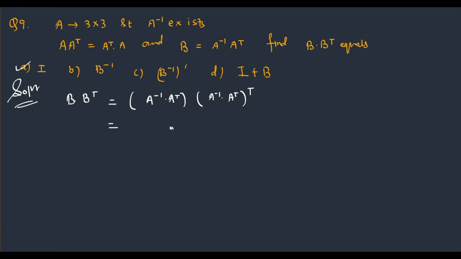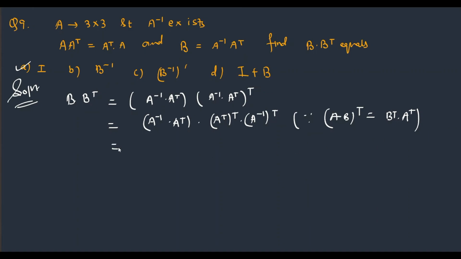Now here we can write A inverse A transpose, then its transpose, which will be A transpose transpose, and A inverse transpose, because we know that AB whole transpose is equal to B transpose multiplied with A transpose. Now matrix multiplication is associative, so you can write A inverse, then A transpose, and A transpose transpose is A, and here you have A inverse whole transpose.